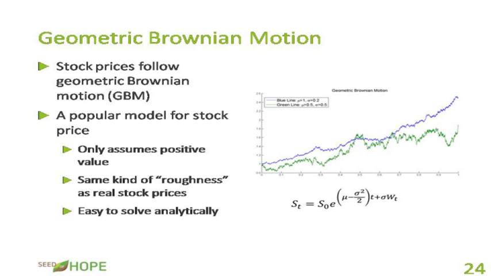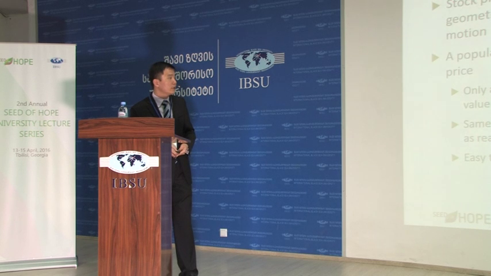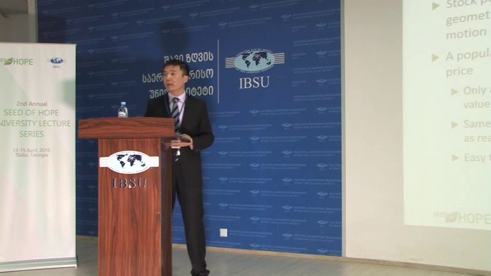This is a very popular model for stock prices. This is an example of geometric Brownian motion. Those of you who have seen a stochastic process might have recognized that this is a Wiener Brownian process. And people like it because it only assumes positive values. As you can see, there's an exponent here, so it will never be negative.